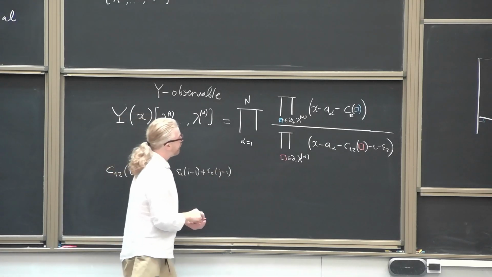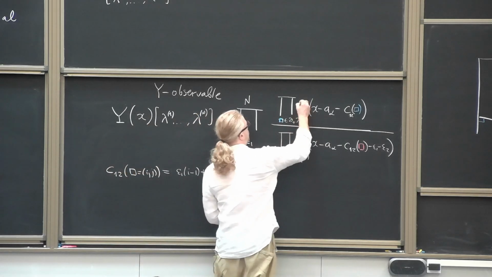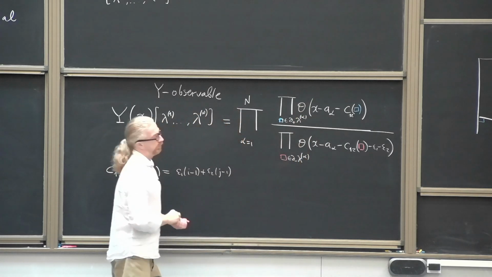And this is written for the cohomological theory, and for the elliptic one you just put the theta function.